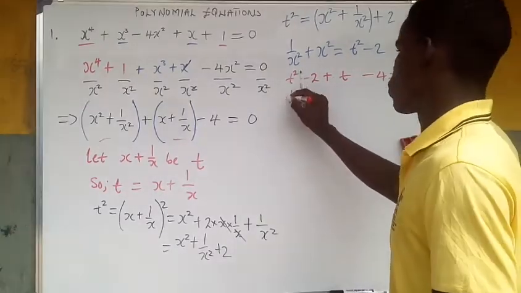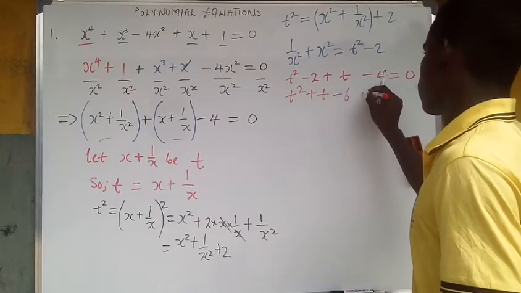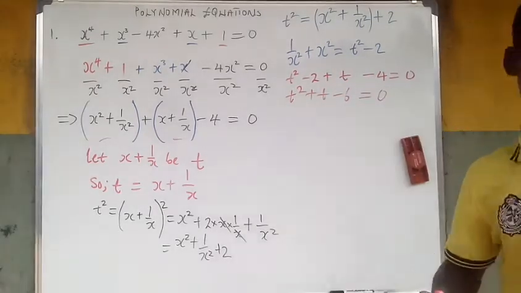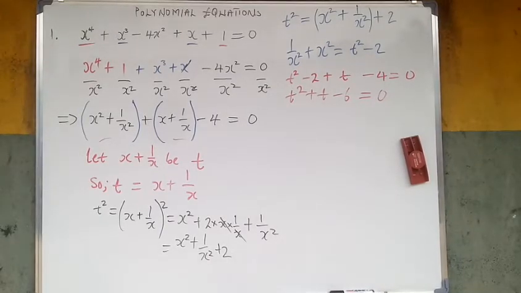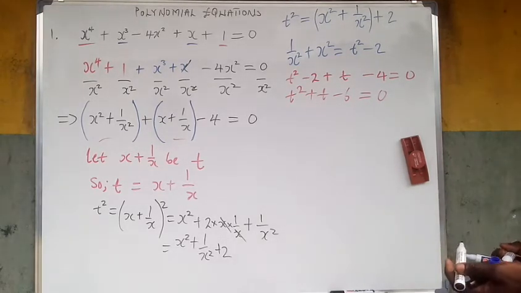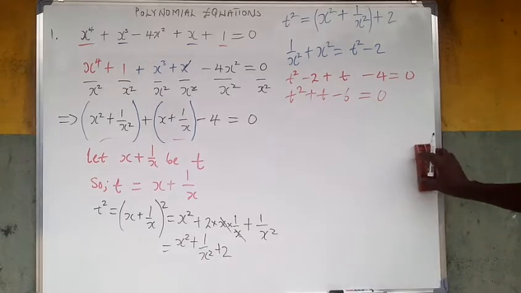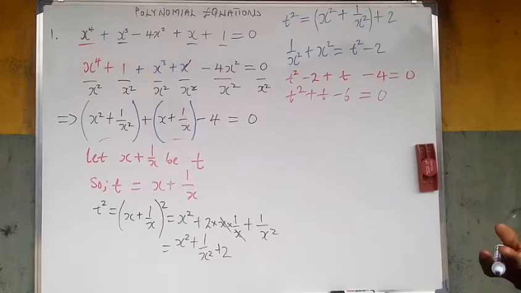So t squared plus t minus 6 is equal to 0. You see that? We've arrived at a quadratic form of equation. Let's continue. I hope you can solve from here.